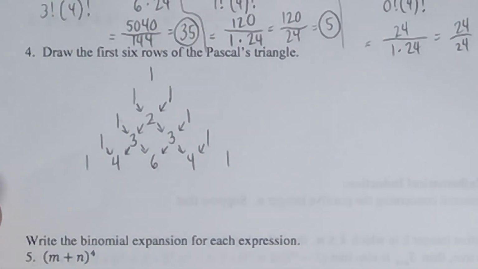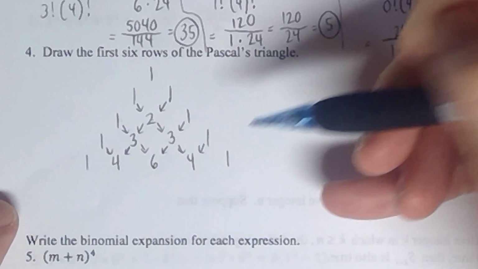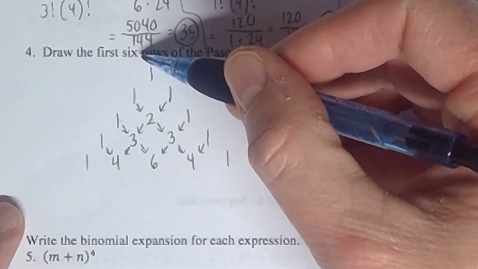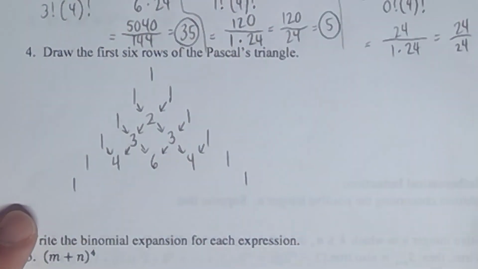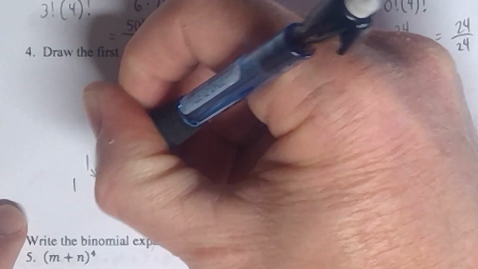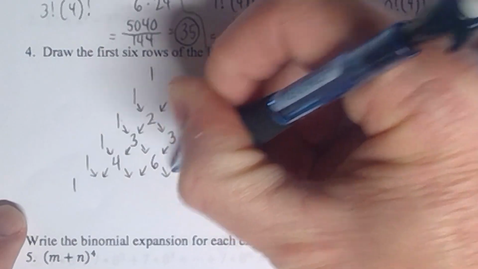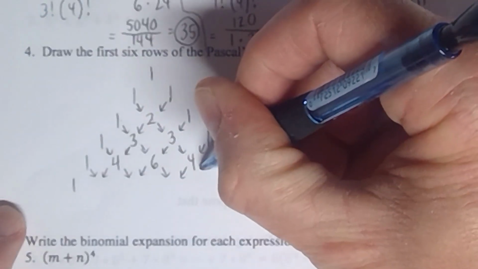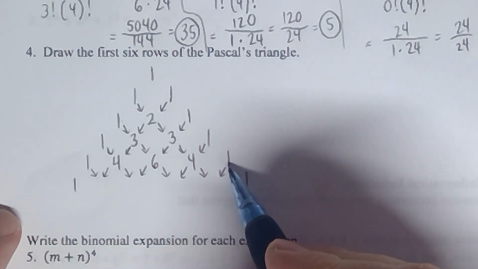Okay. How many rows do we have now? We've got 1, 2, 3, 4, 5. And so we need 1 more row to complete the question here. Again, first and last number, always equal to 1. And what's the thing we've been doing on the last couple rows here? We always add up what? First and second, second and third, third and fourth, and you continue in that pattern until you get to the last 2 numbers in the previous row.